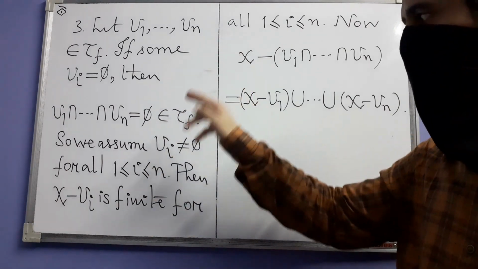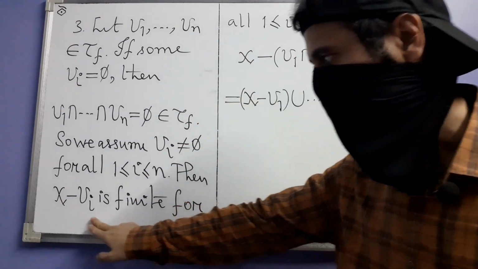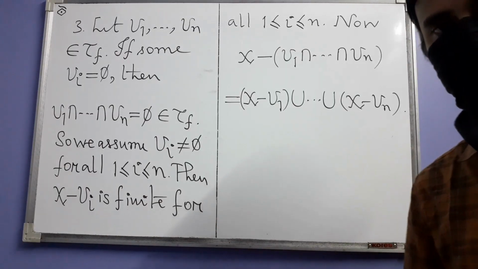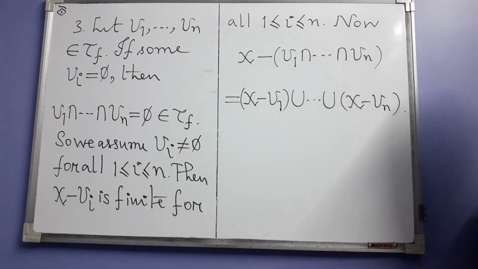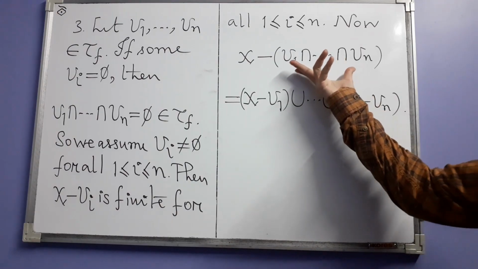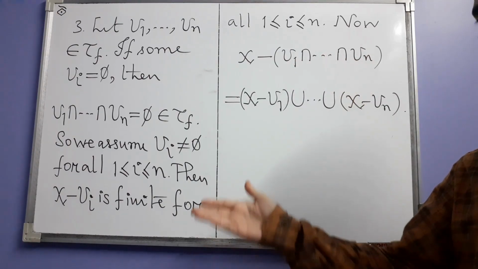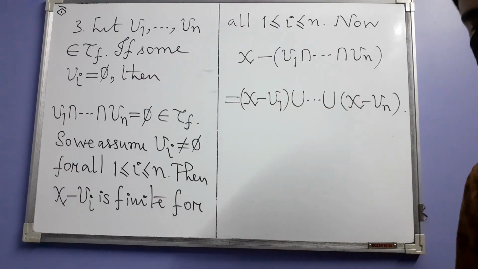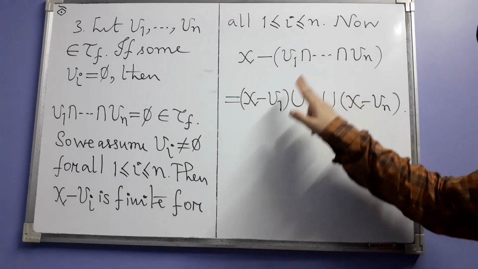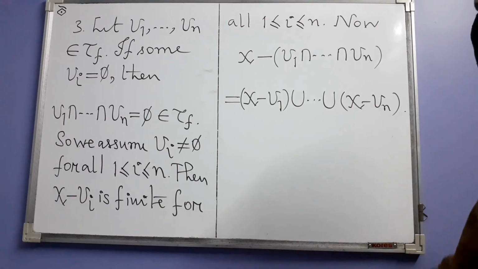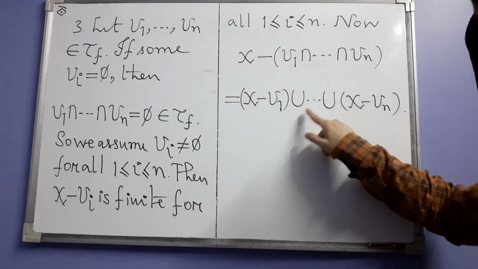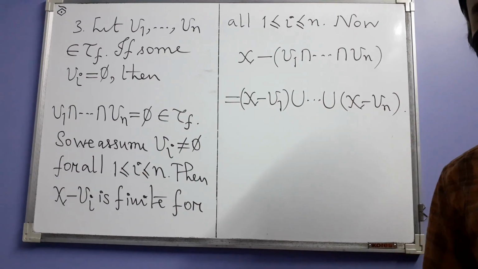Then because the U i's are coming from tau f, all these complements of the U i's in X have to be finite sets. Now we consider the complement of the intersection, because we want to show that the intersection is in tau f. Again, by the extended De Morgan's law, the complement of the intersection is equal to the union of complements.